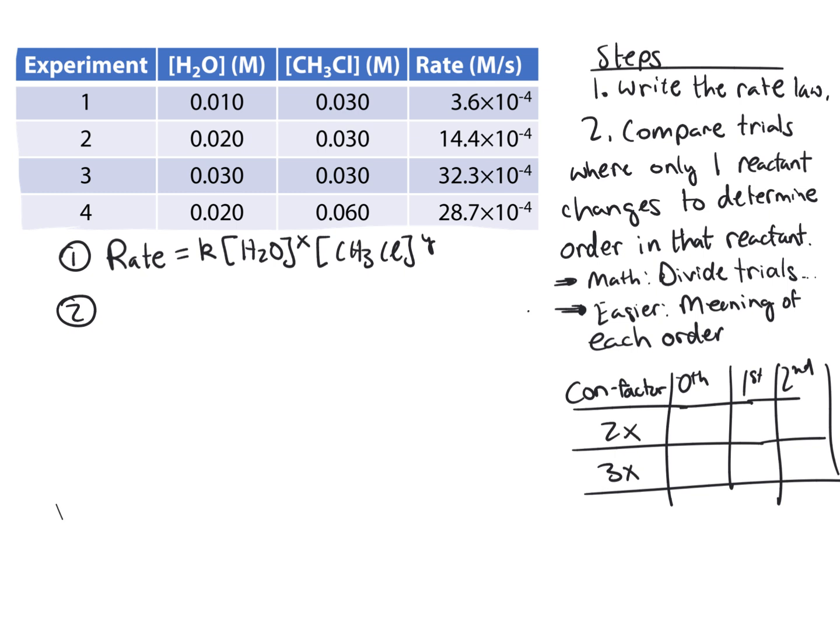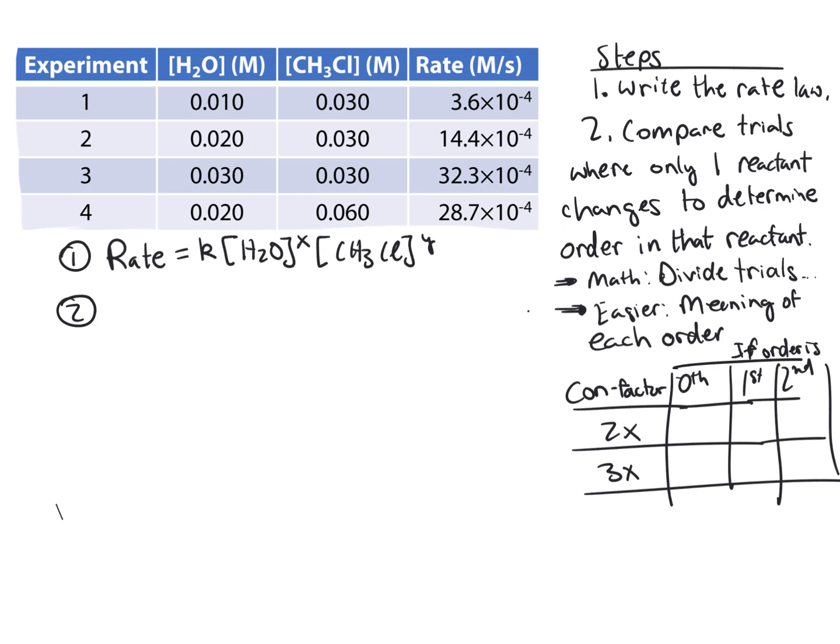So again, these columns here are what the order is. If the order happens to be 0th order, how does doubling the concentration affect the rate? If it's first order and second order and so forth. If it's 0th order, remember that's the case where the rate is independent of the concentration.